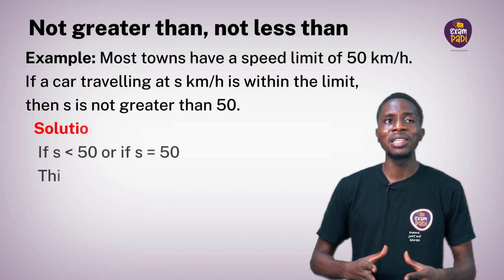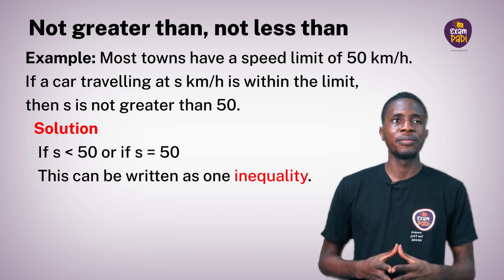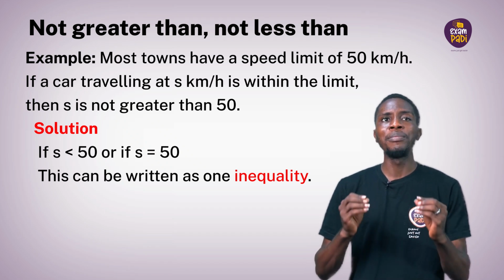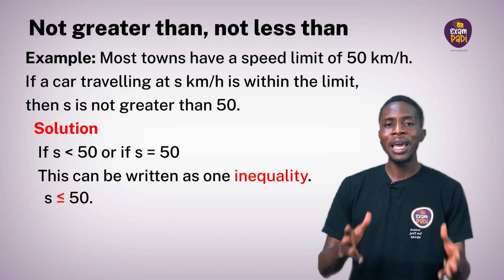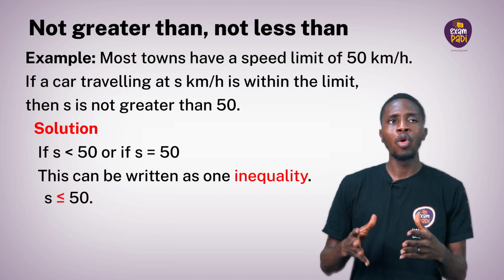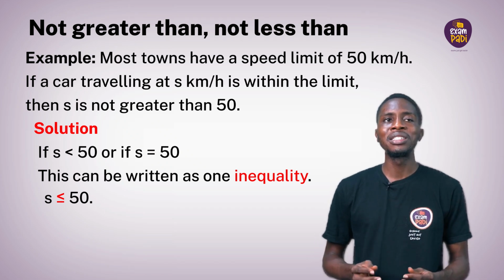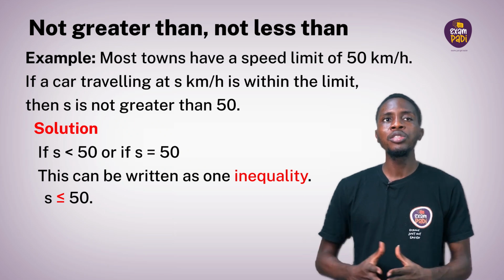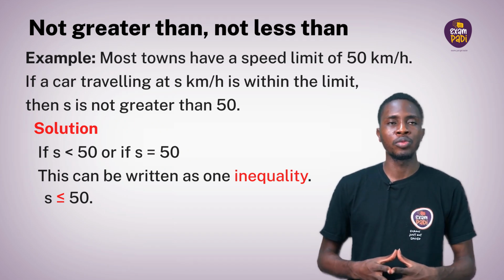If S is less than 50, or if S equals 50, the speed limit will not be broken. This can be written as one inequality, that is, S ≤ 50, where the symbol means less than or equal to. Thus, not greater than means the same as less than or equal to.